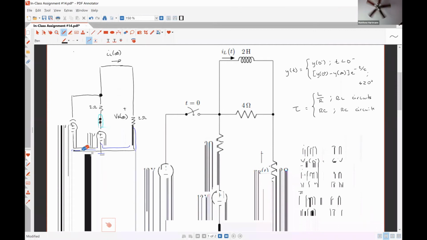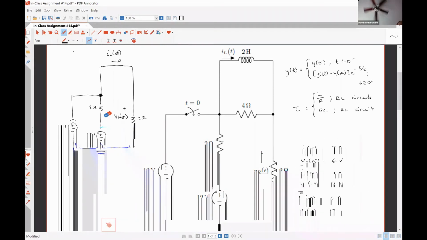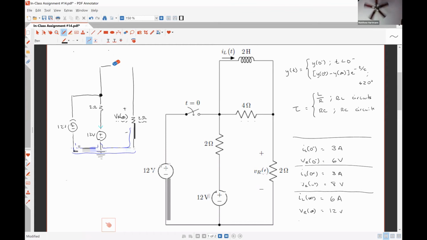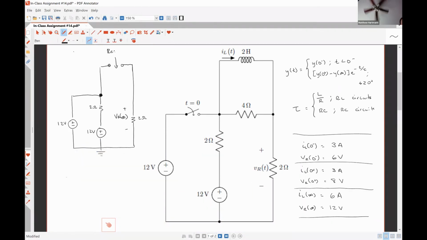To be very clear, the only time we can't look at it to determine the equivalent inductance and equivalent resistance is t equals 0 minus, because that's before the transient occurred. So if we look at our circuit at t equals 0 plus, where we take our inductor out and look in through here, we need to make sure that we're looking at a dead network as well.